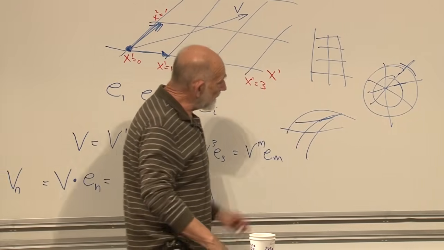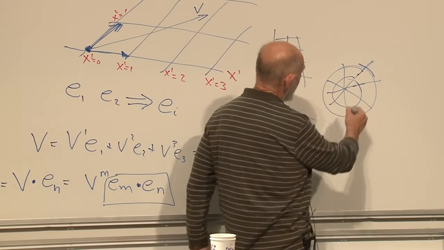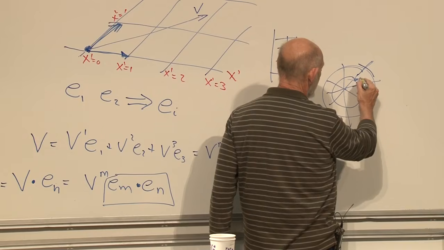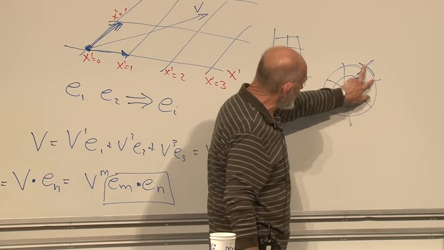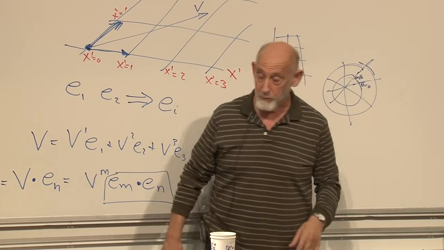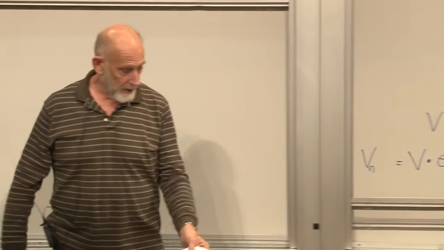But the separation distance between, let's call this theta equals 0 over here, and let's call this theta equals theta 1 over here, the separation between these two points is not the same as the separation between these two points. So these are not Cartesian coordinates.